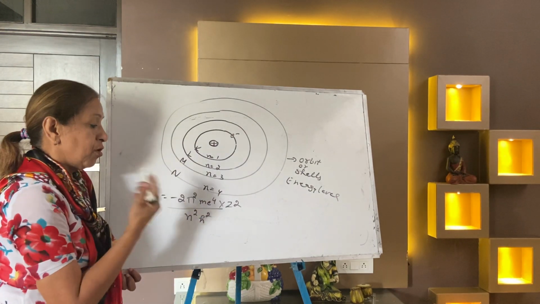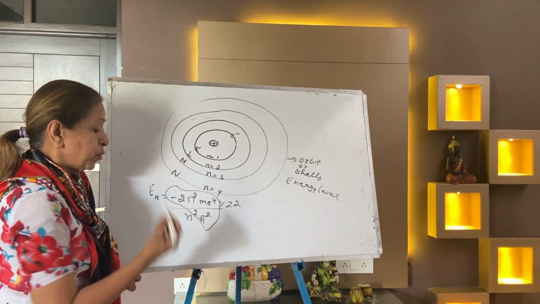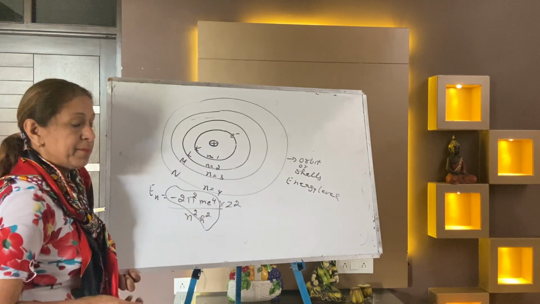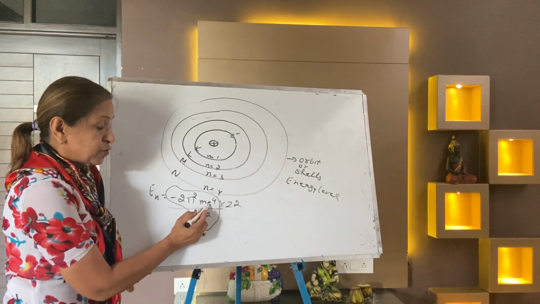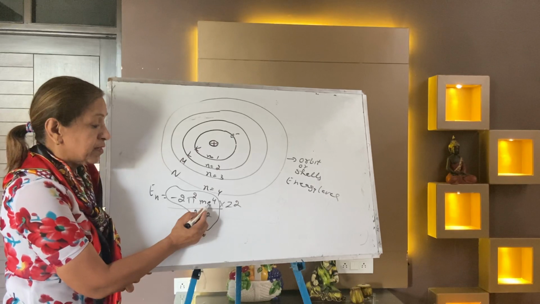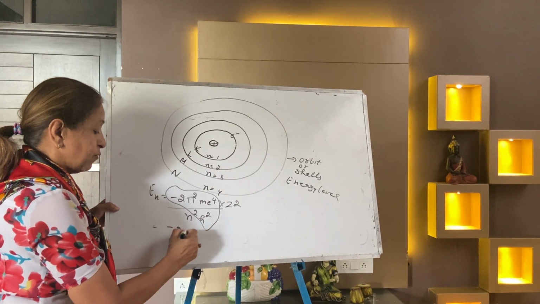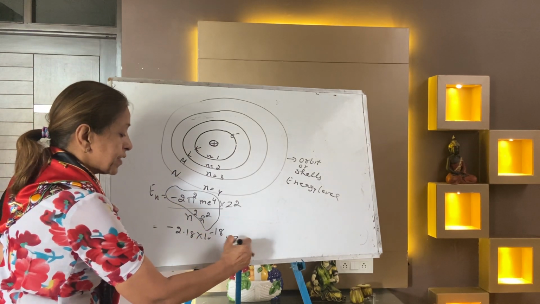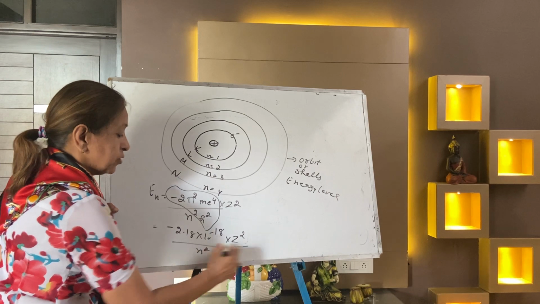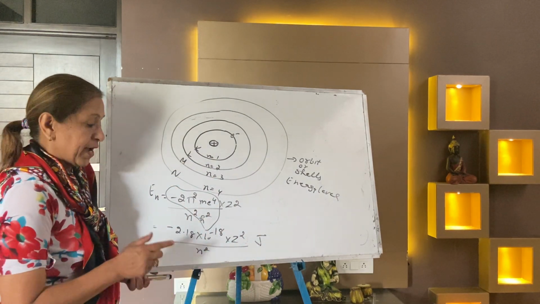So these are almost all constants. By putting m = 9.1 × 10⁻³¹ kg and charge 1.6 × 10⁻¹⁹ coulombs, what comes is −2.18 × 10⁻¹⁸ × Z²/n² joules. So each orbit has its own energy.